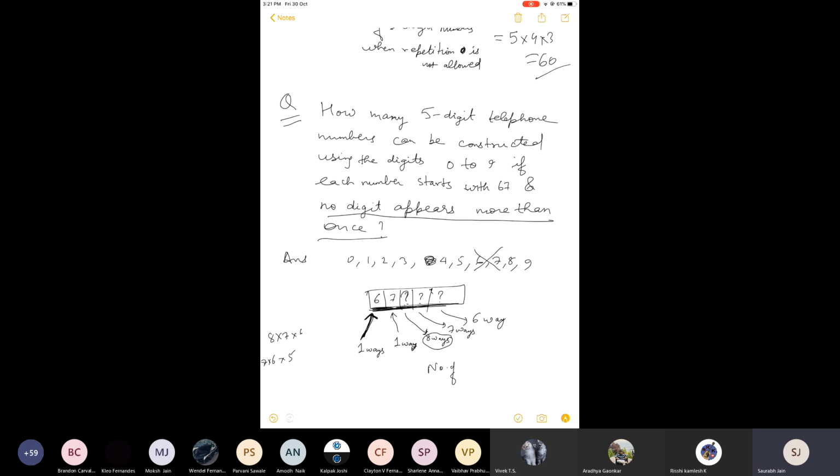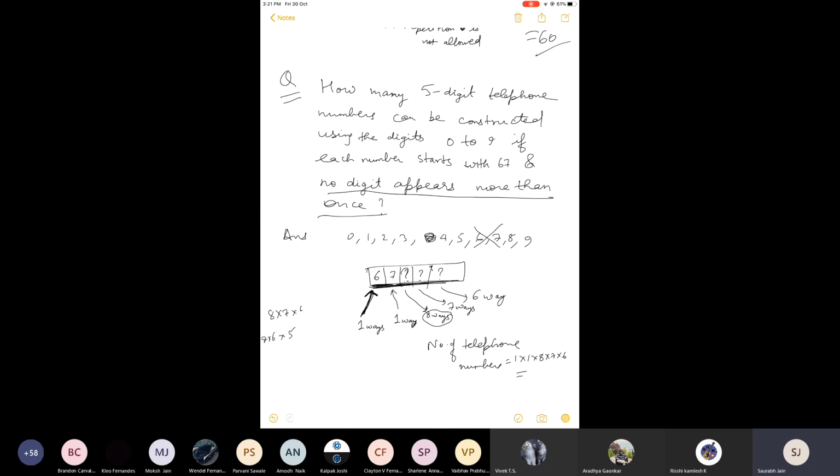The number of telephone numbers will be equal to the product of these ways: 1 into 1 into 8 into 7 into 6, that is 56 into 6. Yes, 336. So these many telephone numbers will be starting from 67, constructed using the digits 0 to 9, and no digit will be repeating. 8 into 7 into 6. This is the way to do it.